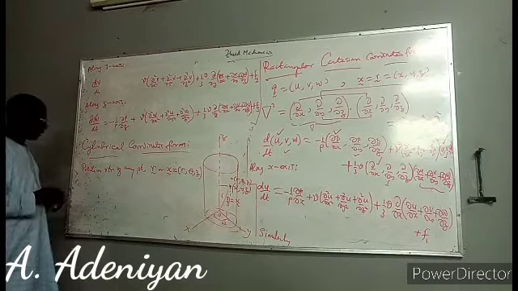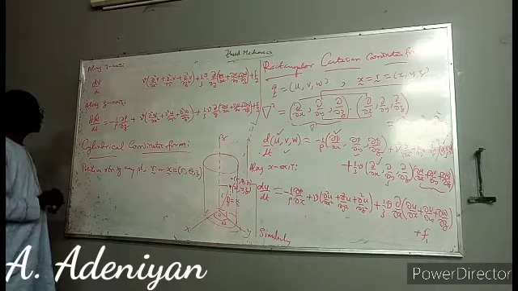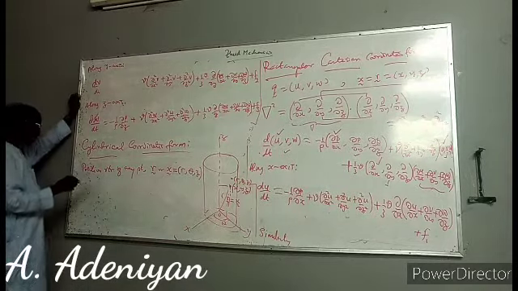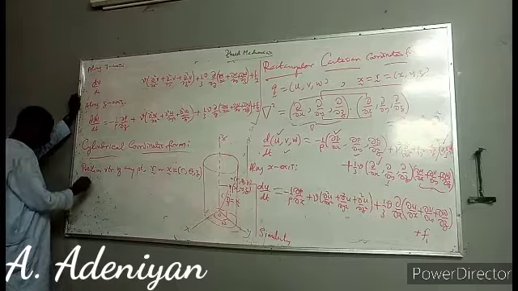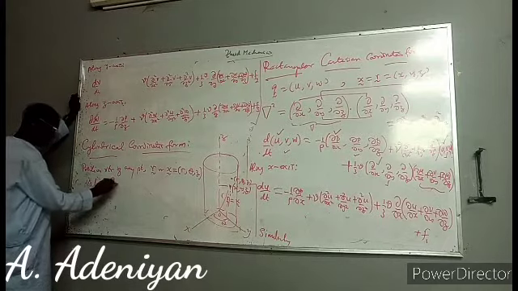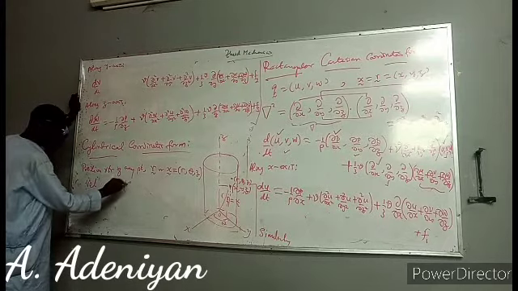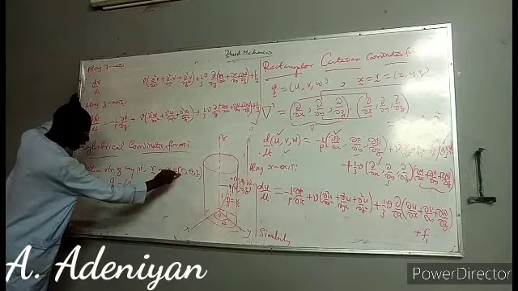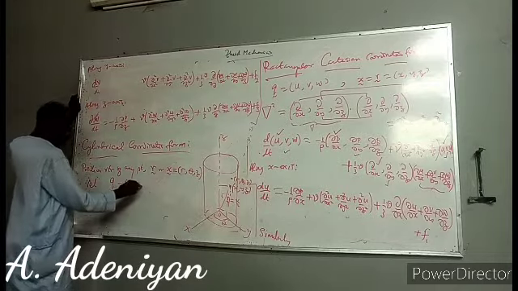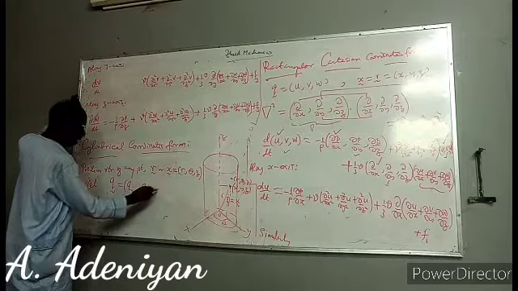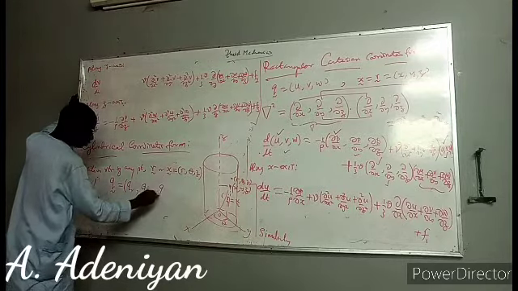The velocity of the fluid is still q, but we say the component along r is qr, along theta it is q theta, and along z it is qz.